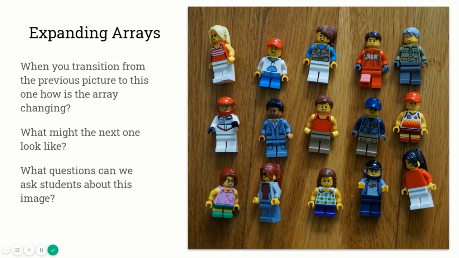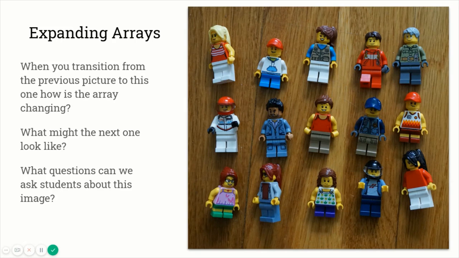So then let's think about what it would look like to expand this array. When we transition from the previous picture to this one, how is that array changing? And we can ask students, what might the next array look like? So in this case, we've moved from 3 groups of 4 to 3 groups of 5, or we have 5 groups of 3. Different way of looking at it.